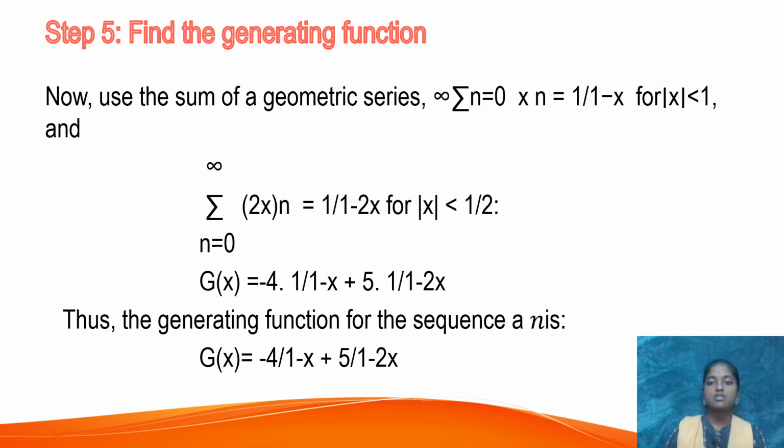We substituted the values in g(x). Thus the generating function for the sequence a(n) is g(x) = -4/(1 - x) + 5/(1 - 2x).